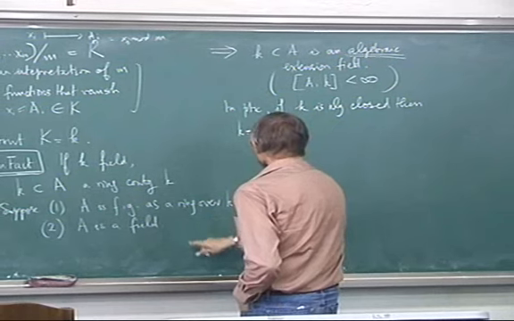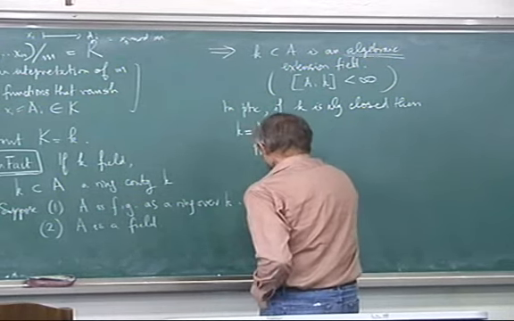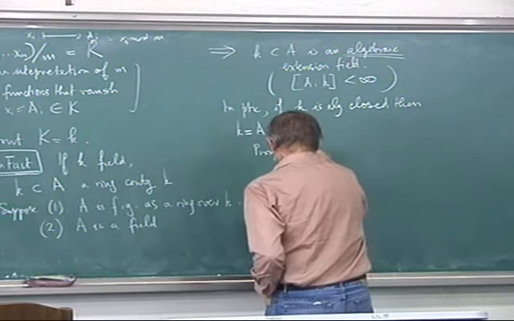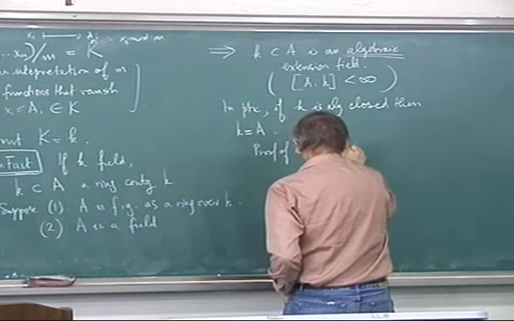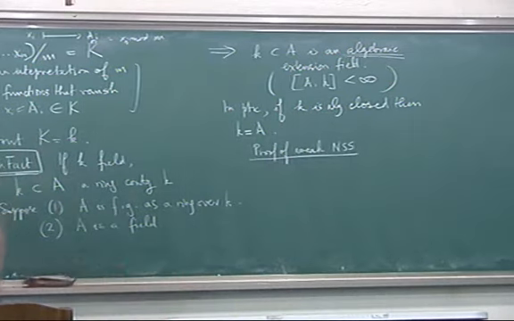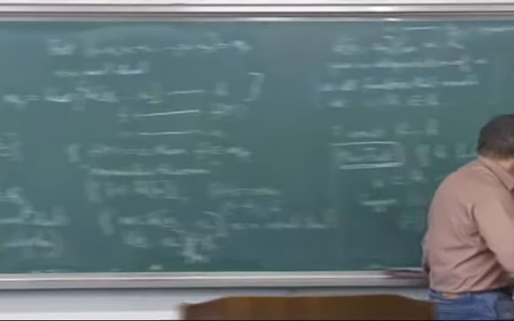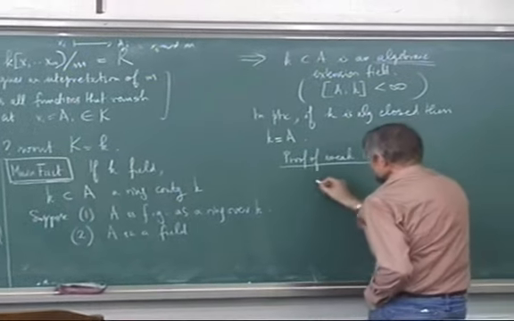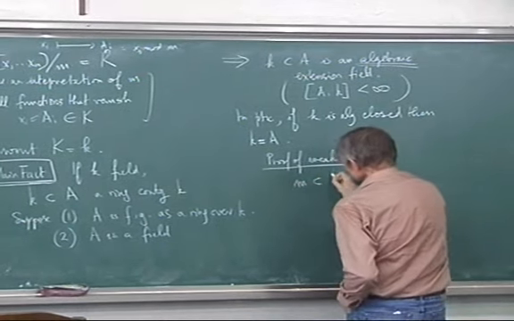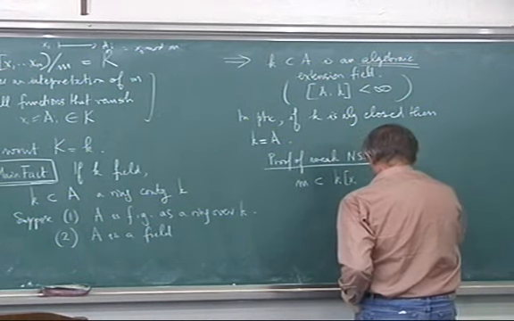So let's believe this. So proof of the weak Nullstellensatz. So basically this is now already finished. So M in k of x1 up to xn, a maximal ideal.